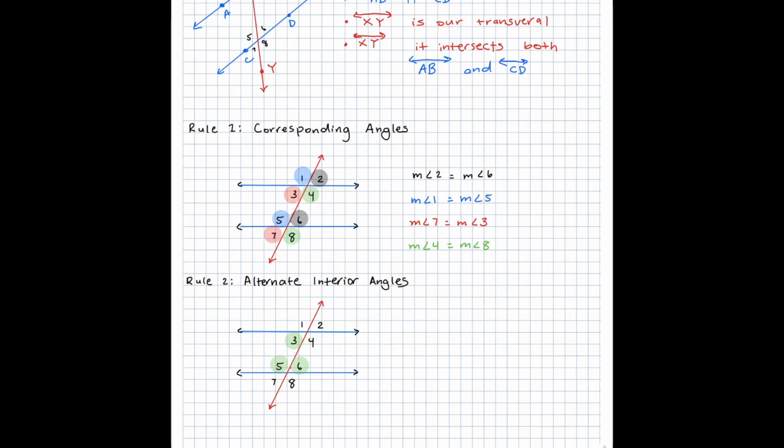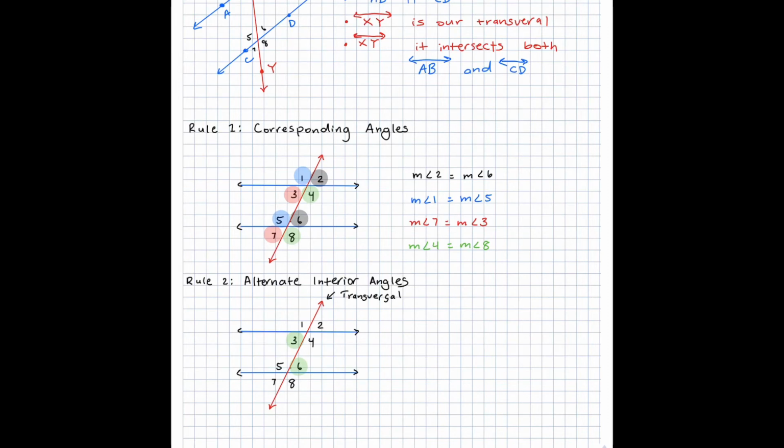So, with alternate interior angles, all we need to know is the angles that alternate sides of the transversal. That's our transversal. Are congruent. So angle 3 and angle 6.